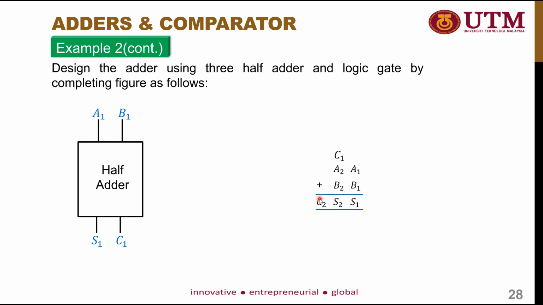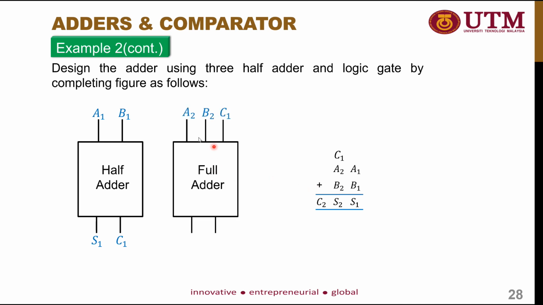So we can directly inject C1, A2, and B2 into the full adder, and we can compute the 2 outputs, which are S2 and C2. So to solve this question, you need one half adder connected to A1 and B1, which is the LSB, and it will produce S1 and C1.